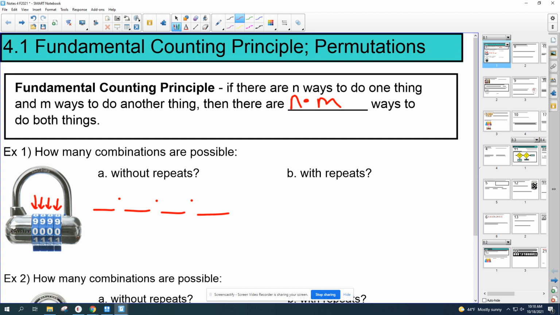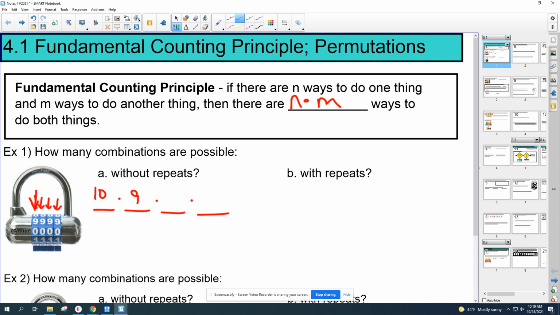And when it says without repeats, that's a little clue as to how this is going to work. You look at the first digit, and you've got digits between 0 and 9, which is actually 10 choices. Do you know how many choices you'd have on the second?